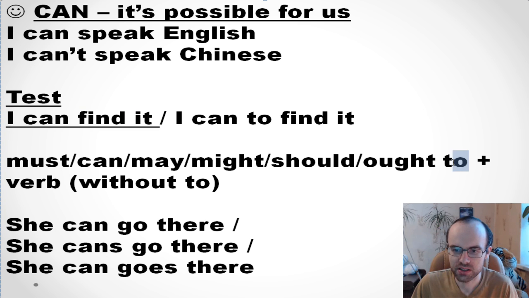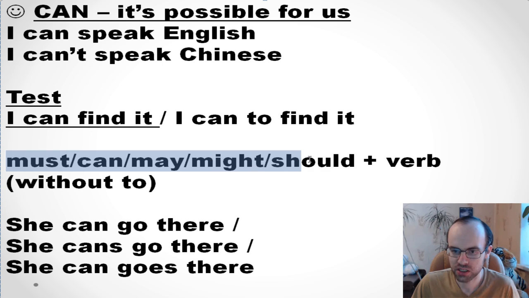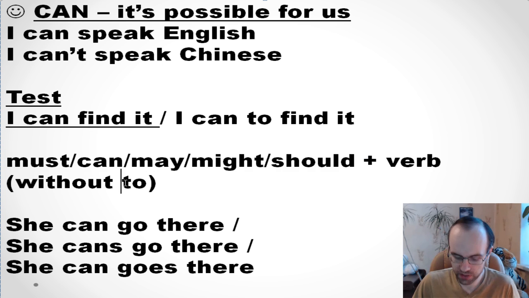Okay, my friends, let me correct something. You need to remember that we use must, can, may, might, should plus verb without to. Without to, okay? No to. So can plus verb.